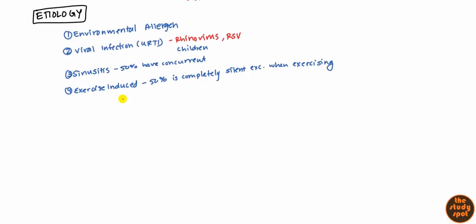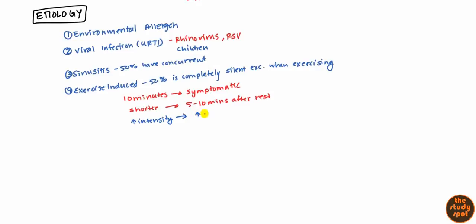Generally, when they exercise for 10 minutes, they start to get asthmatic symptoms. However, if they exercise for a shorter interval, these symptoms will occur 5 to 10 minutes after they begin resting. So that's the difference there. And generally, the higher the intensity of the workout, the more severe the symptoms. So they're linked in severity of symptoms and the intensity of workout.